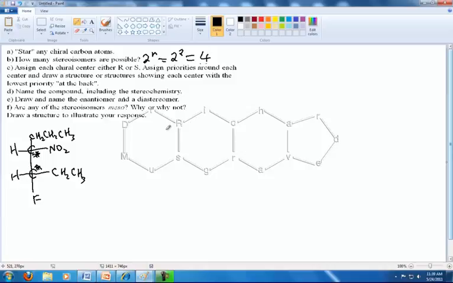Alright, so when I do that, I'm going to put the hydrogen up here. The CH2, CH2, CH3 moves on to this one. So you see the H goes up here, this group goes down here, the NO2 moves over to the other side. And notice I keep the N connected to the C, and that's what I've done over here as well.